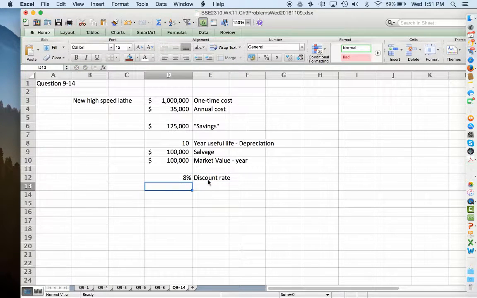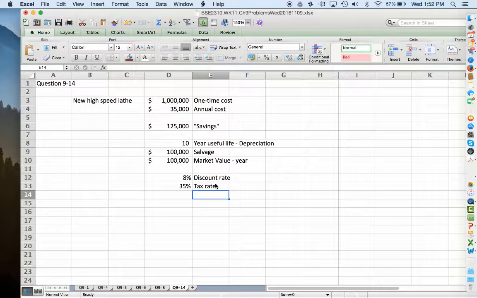Okay, so I think I have everything in the problem, right? So this has a little bit more information than those prior problems that we calculated cash flow. But we're going to do some similar things with this information. The first thing I'm going to do is set up a template, if you will, to analyze this.